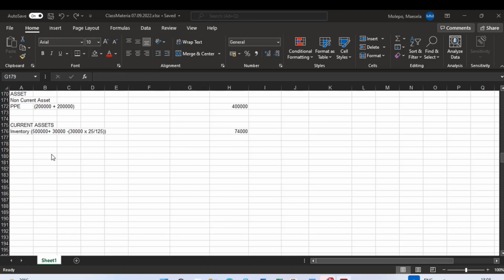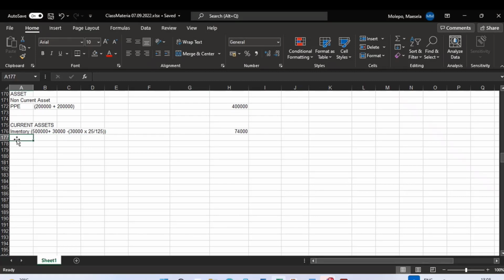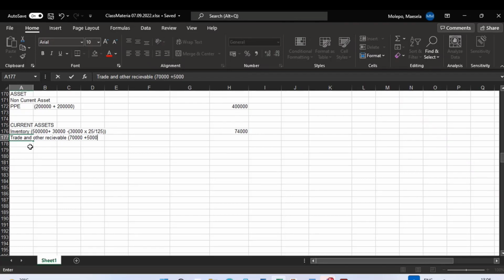Then we proceed to trade and other receivables. There won't be anything complicated there. So trade and other receivables will be the parent's 70 plus the subsidiary's 50. Then it gives us 120.